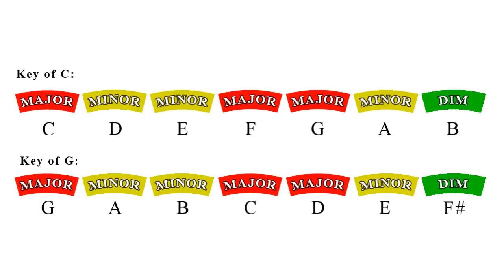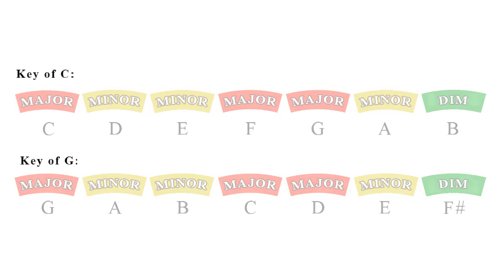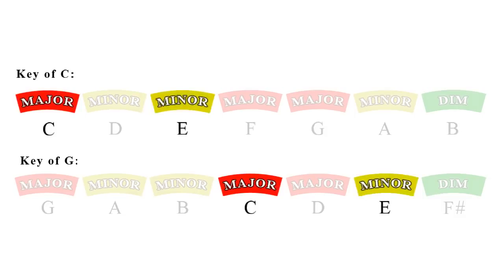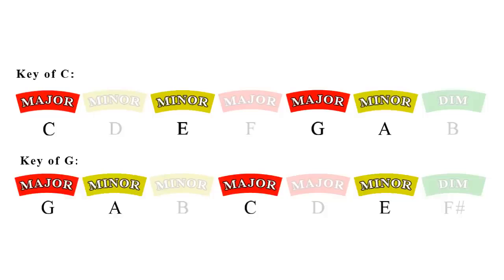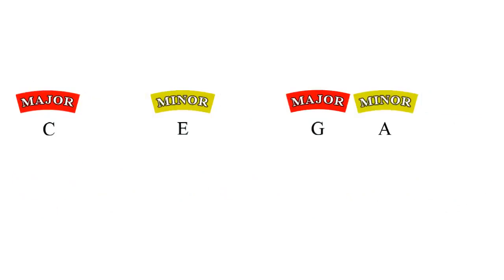Matching these chords together, we find that the following chords exist in both keys: C major, E minor, G major, and A minor. Therefore, any of these chords could be used as your pivot chord.